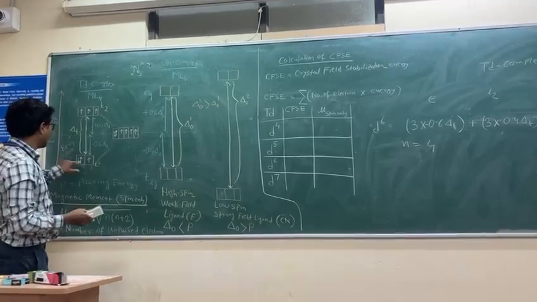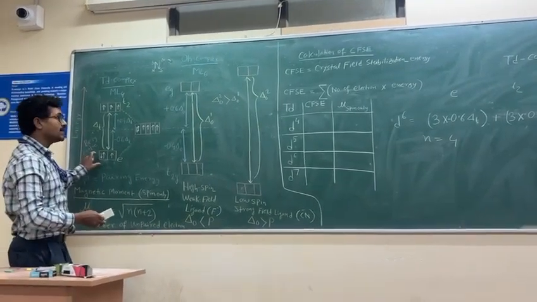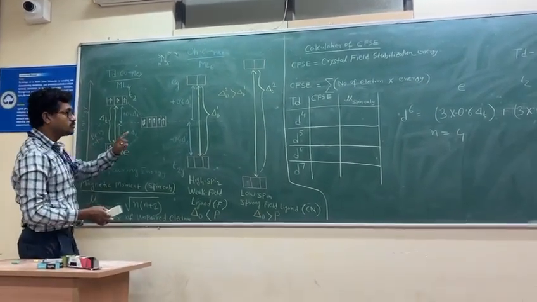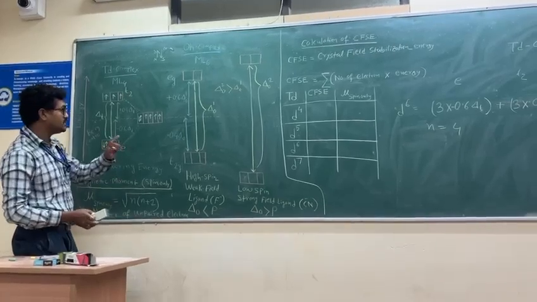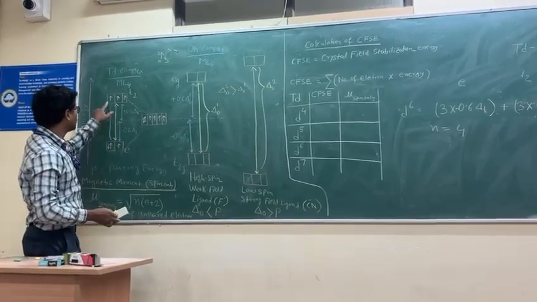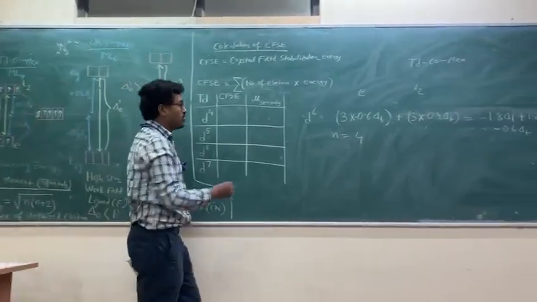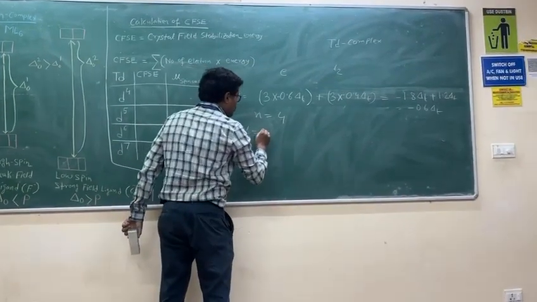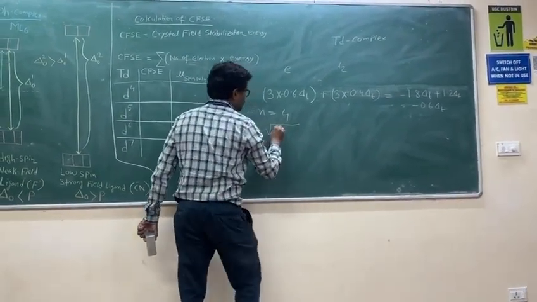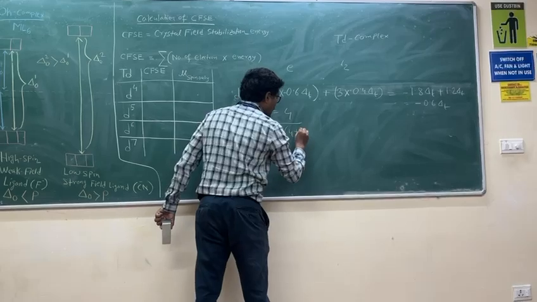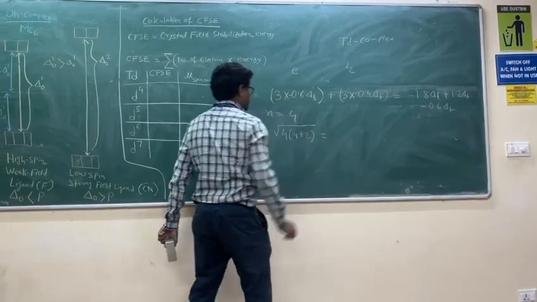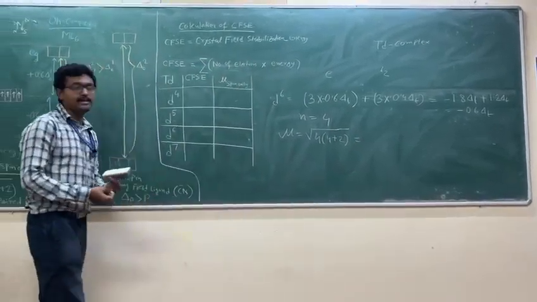So from these 2 electrons we will not get any magnetic moment, so we cannot take these 2 electrons. So to calculate the spin only magnetic moment for D6, we have to take only 1, 2, 3, 4 electrons, so N equal to 4. So mu will be root over N into N plus 2, means 4 into 4 plus 2. Okay. So in that way you have to calculate the spin only magnetic moment.